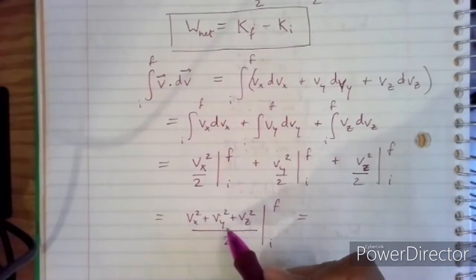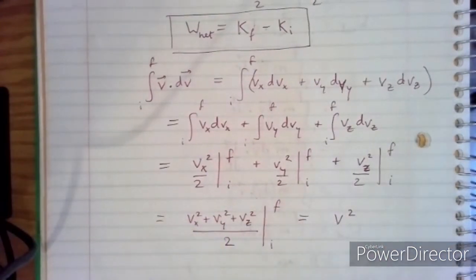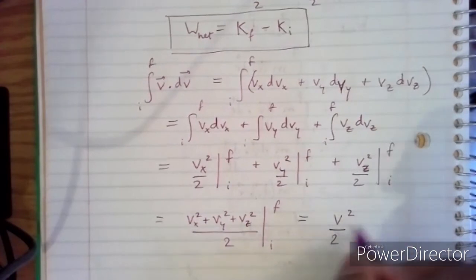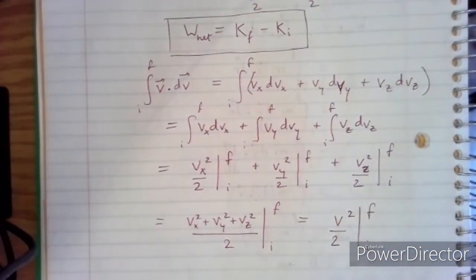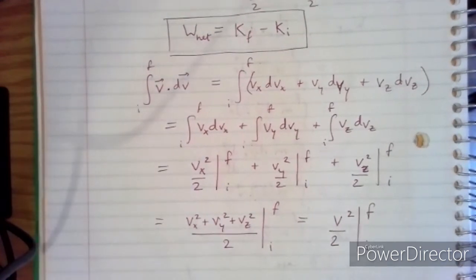But vx squared plus vy squared plus vz squared is simply v squared. It's the magnitude of the v vector squared. So even in the 3D case, we get a similar result.